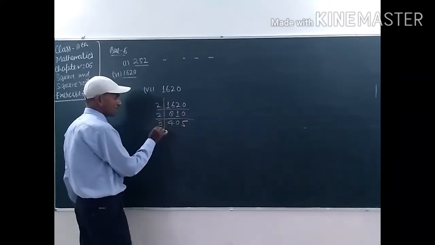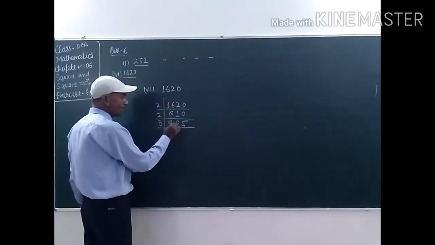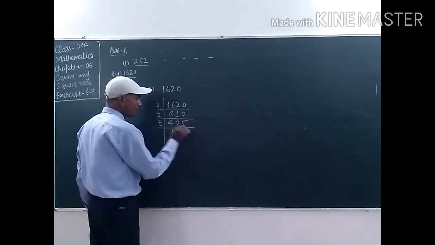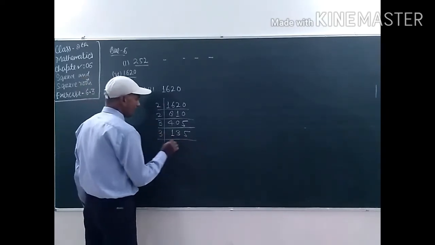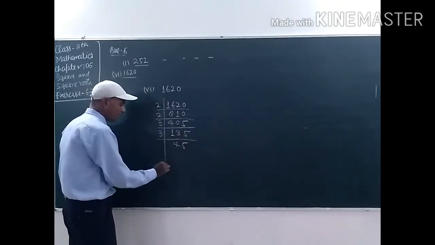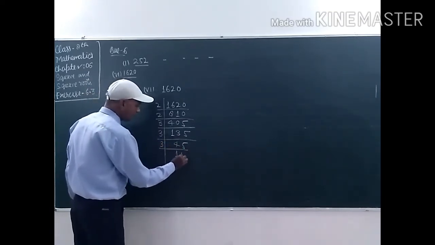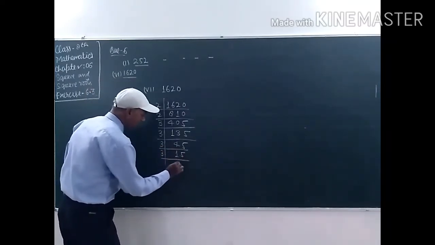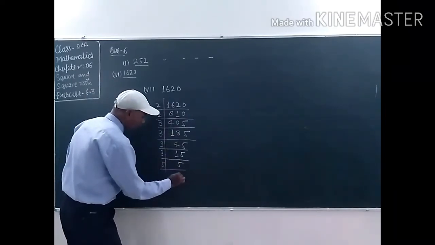Now we have to use the next number, that is 3. 405 divided by 3 is 135, again by 3 is 45, again by 3 is 15, again by 3 is 5. Now this one divided by 5 is 1.